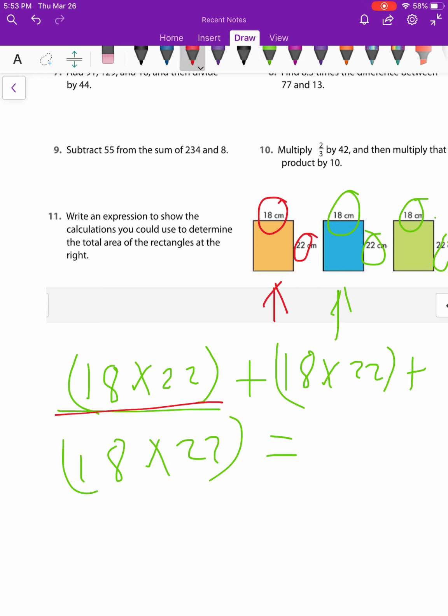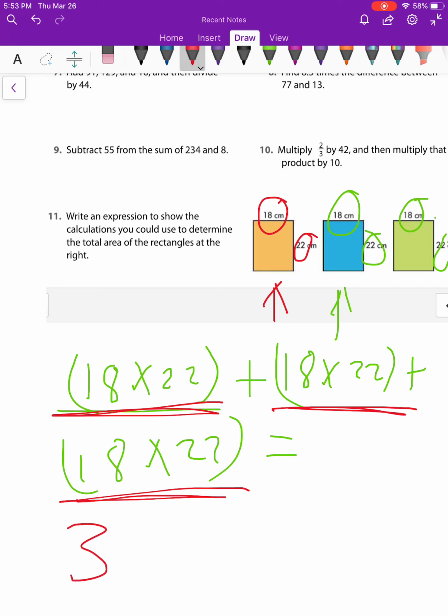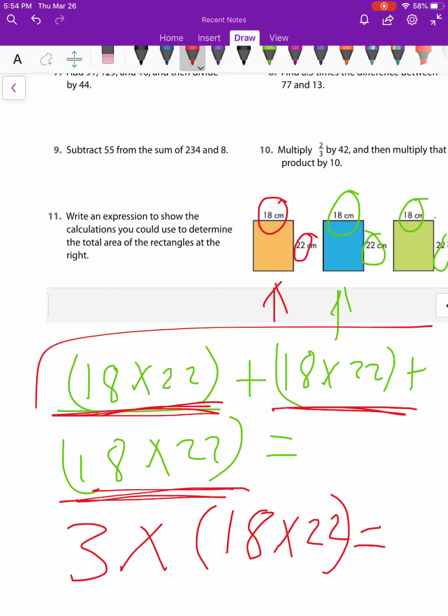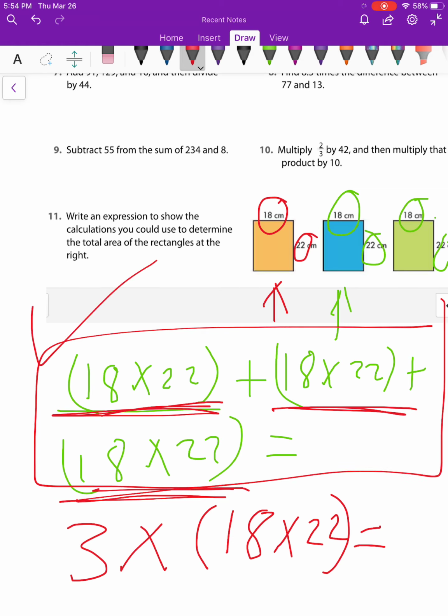If you noticed, it is the same expression repeated how many times, Ayman? 3. So instead of writing something many times, we see how many times it is repeated and write it: it is repeated 3 times. Multiply the expression itself, 18 multiplied by 22, by 3. So we can use this, it is right, or we can use this and it is right too.